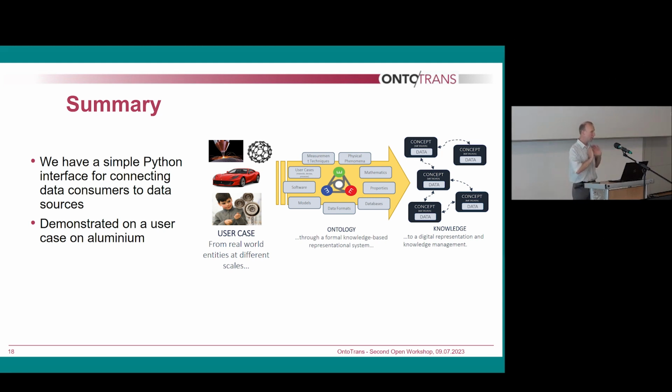We do that by documenting the sources, documenting different ways we want to consume the data, and then simply say, connect them. I want that and that. We have a very flexible language. And we have shown it here in this case for aluminum alloy development.